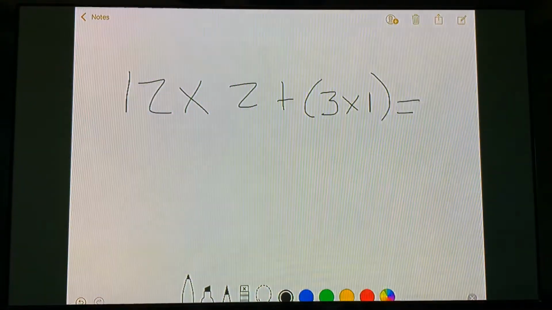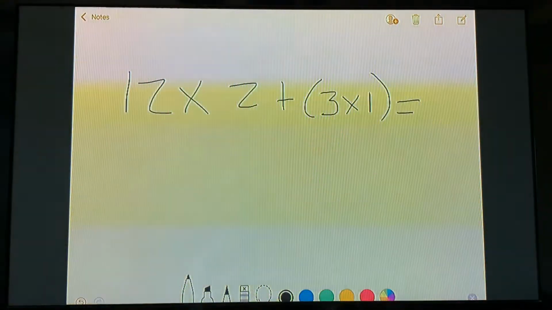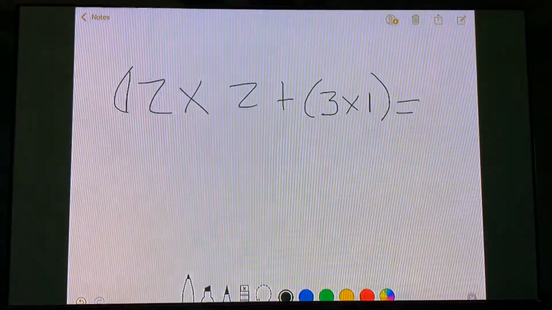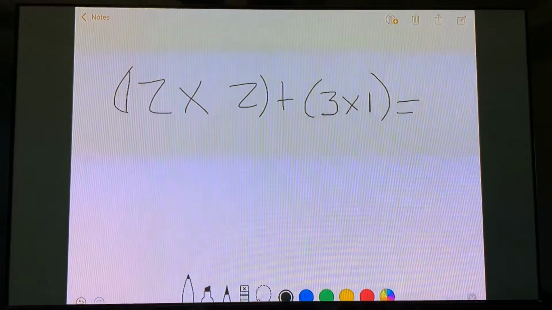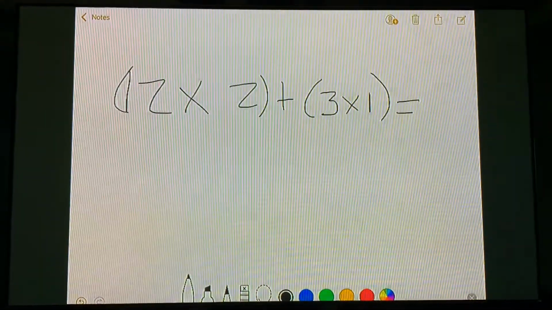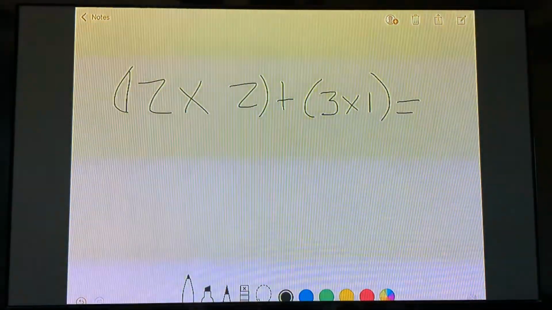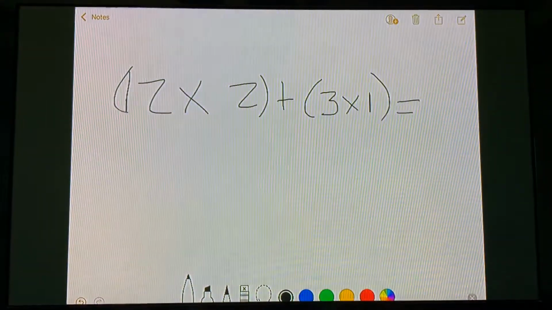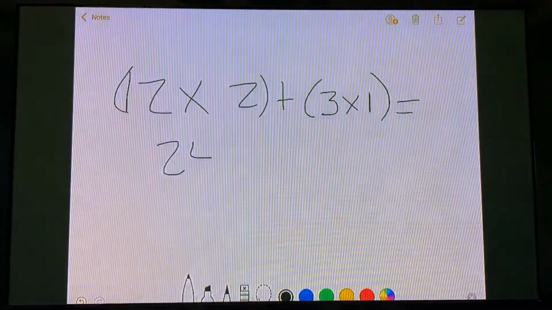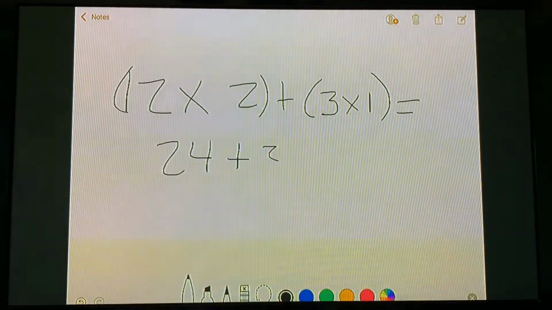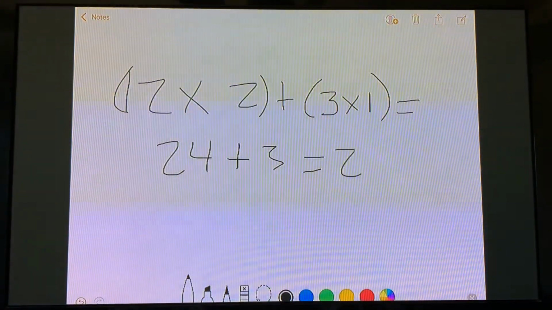So we're going to try to solve this, right? So we're going to go ahead and solve each side of this equation. It has parentheses, which means we're going to do what's in the parentheses first, and the operation that we're going to follow is multiplication first. So we have 24 plus 3 equals 27.